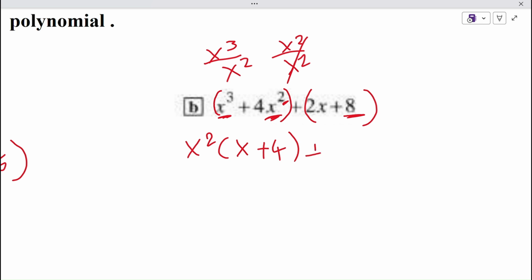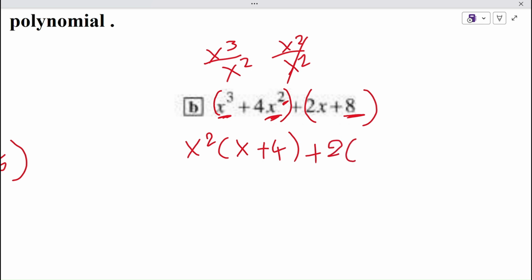Close the bracket, put down this plus, then here we have a common coefficient. Which one is common? 2. Every time just find the smaller one. The smaller coefficient is 2. So just take out 2 here.